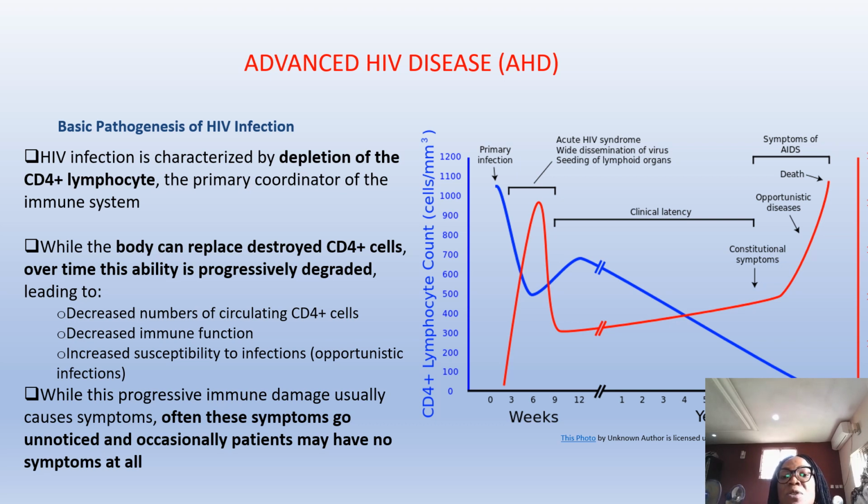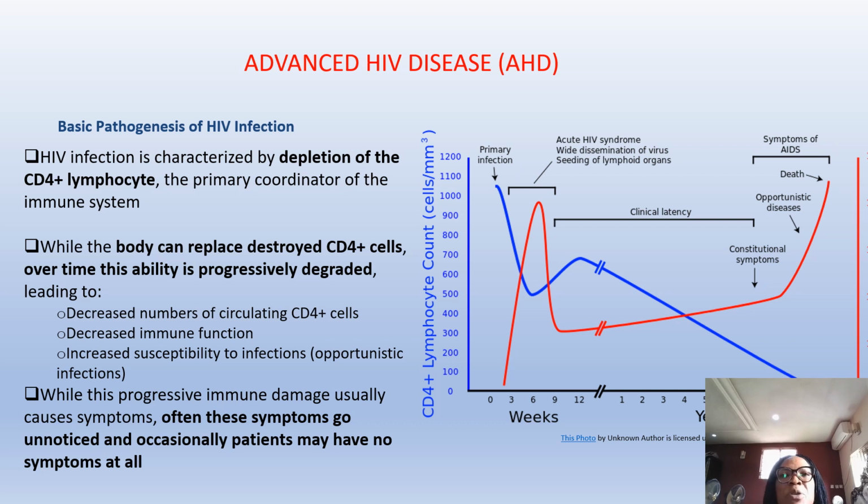At onset of the infection, the virus, marked in red, multiplies rapidly, leading to a decrease in the blue line, that's the CD4 cells in the body. With time, the body tries to generate CD4 cells, and this brings down the viral load, marked in red.